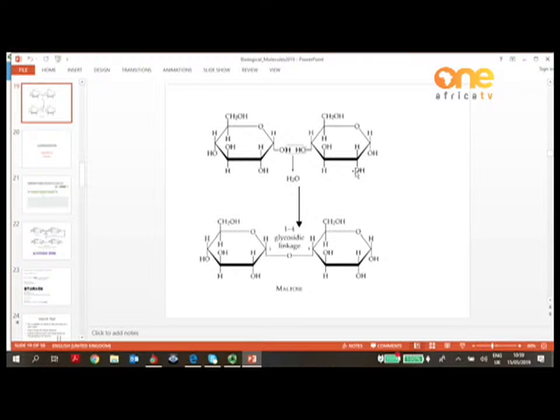I need to take a hydrogen from water, reverse it into that spot, and the OH, put it in that spot. So that means I need to split water. What do we call that reaction that splits water? Hydrolysis.